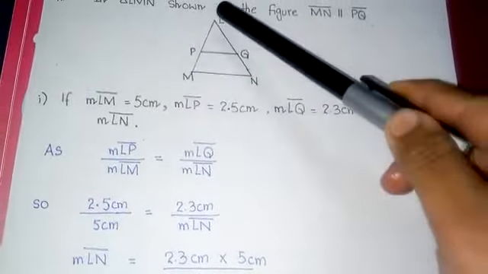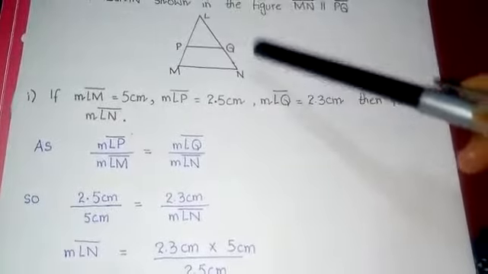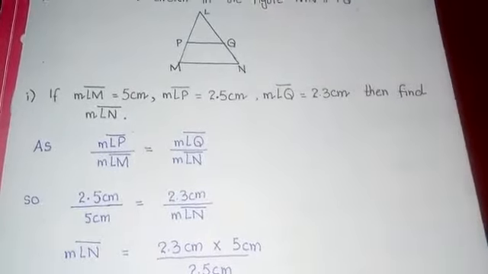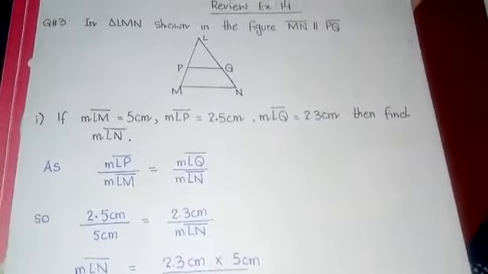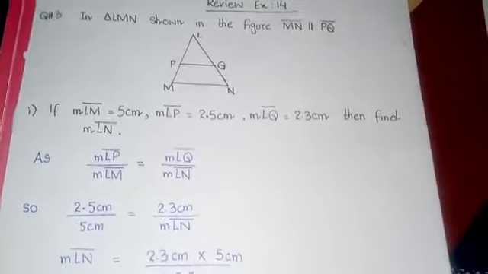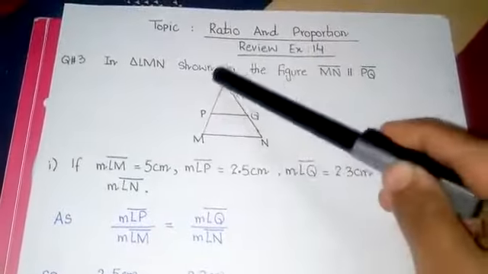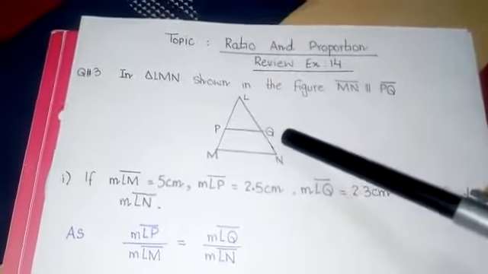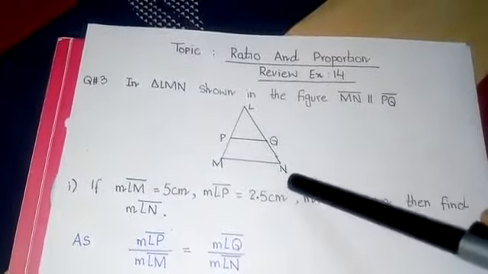And on the other side you will take the ratio of LQ over LN. Clear? Two things you have to remember. The first thing is whose values are given, and the second thing is you have to take the equivalent ratio. It means if you are taking LP, then you have to take LQ, and if you are taking LM, you have to take LN. Is it clear?